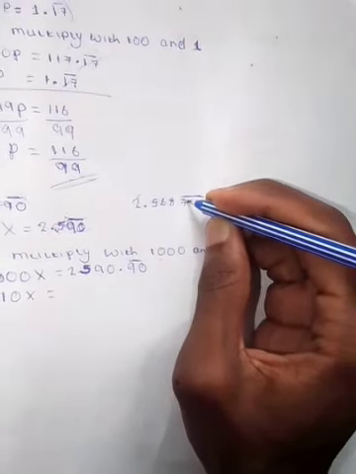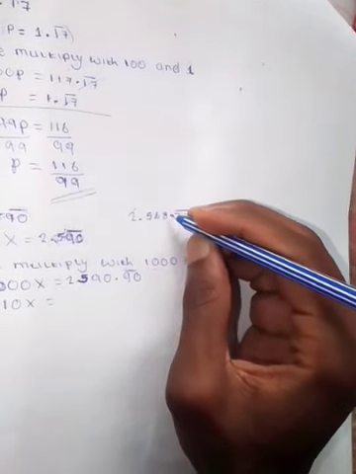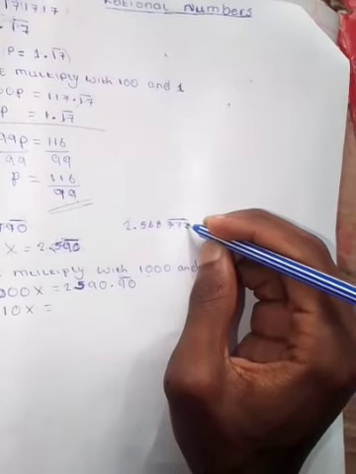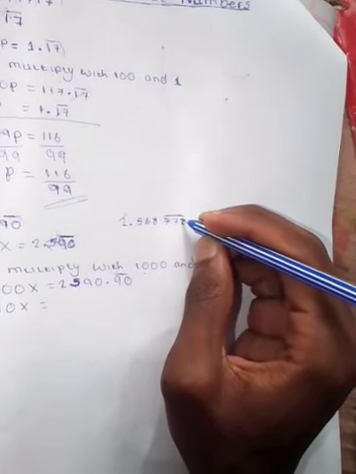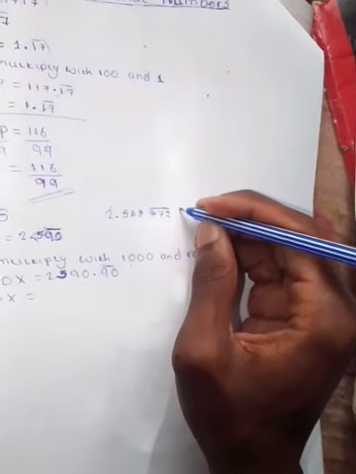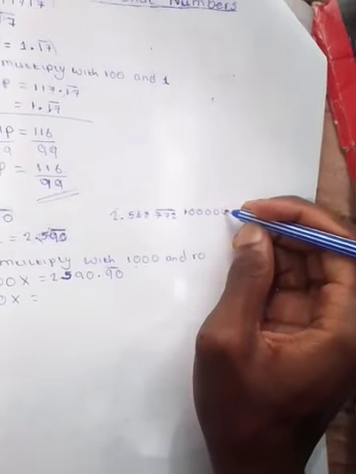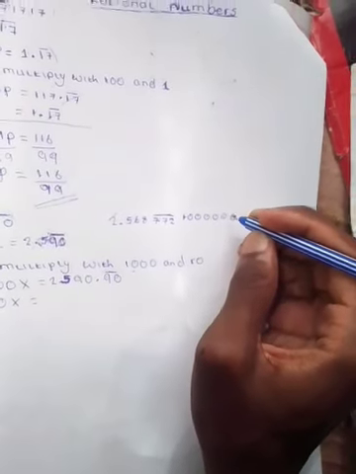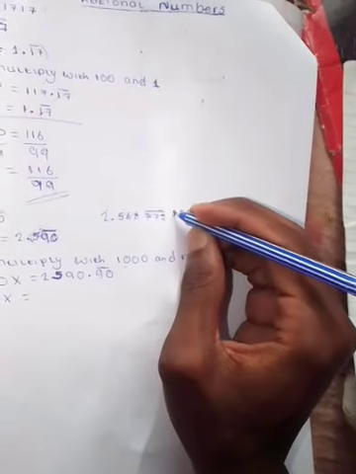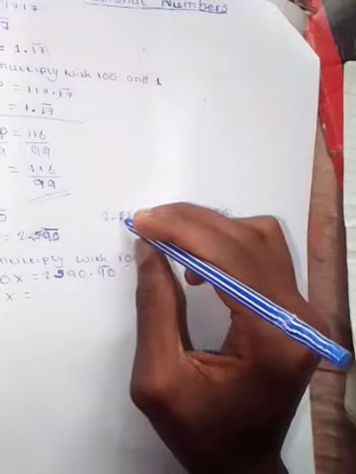So at first you are supposed to count 1, 2, 3, 4, 5, 6. So at first we would have multiplied with the number having 6 zeros, which is 1 million, to eliminate these whole numbers from being after a decimal point.